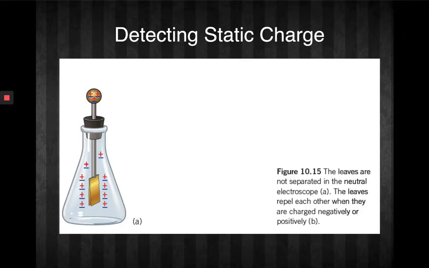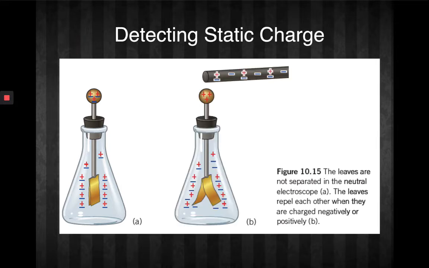So then let's have a look at that in an image. So we have here our neutral electroscope, and what we're going to do is bring a negatively charged rod towards it. Then what happens is our electrons move out and away as far as possible from that negatively charged rod.